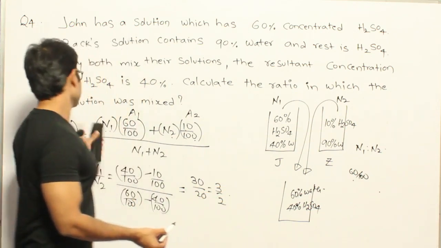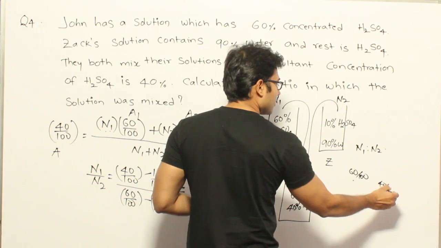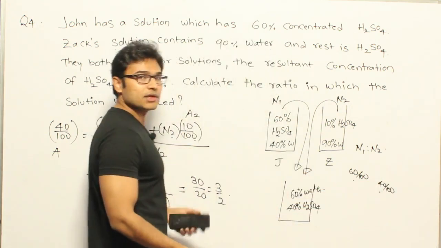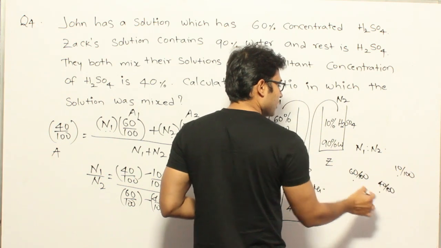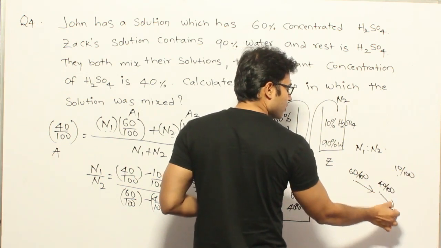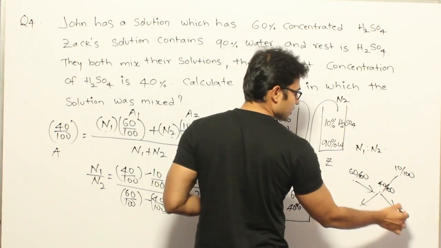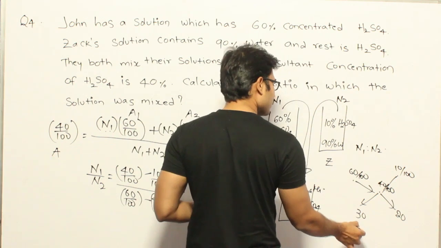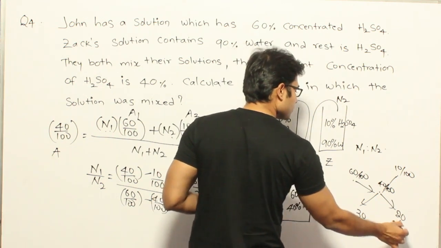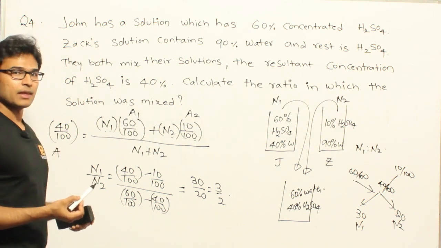So what is the final average? 40 by 100, and then the lower average on the other side, which is 10 by 100. Okay, now find the difference here and find the difference here. If you find the difference, it is going to be 20. If you find the difference, it is going to be 30. Therefore N1 here and N2 here. So N1 is to N2 equal to 3:2. Even there you are going to get it.